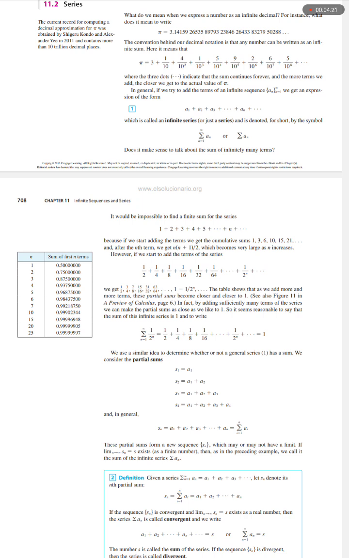The table shows that as we add more and more terms, these partial sums become closer and closer to 1. See also figure 11 in A Preview of Calculus, page 6.